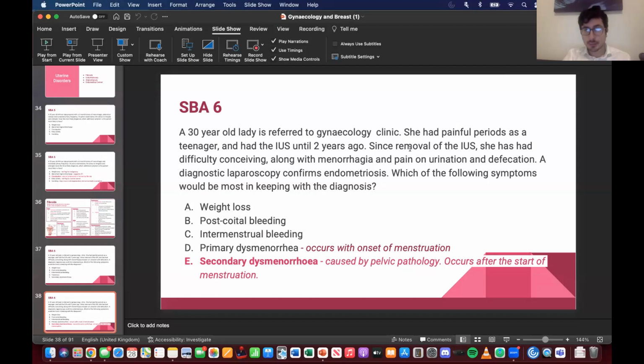A diagnostic laparoscopy confirms endometriosis. Which symptom would be in keeping? In this case, the answer is secondary dysmenorrhea. Dysmenorrhea refers to painful periods, and it's secondary because it's caused by pelvic pathology as opposed to occurring at the onset of menstruation.